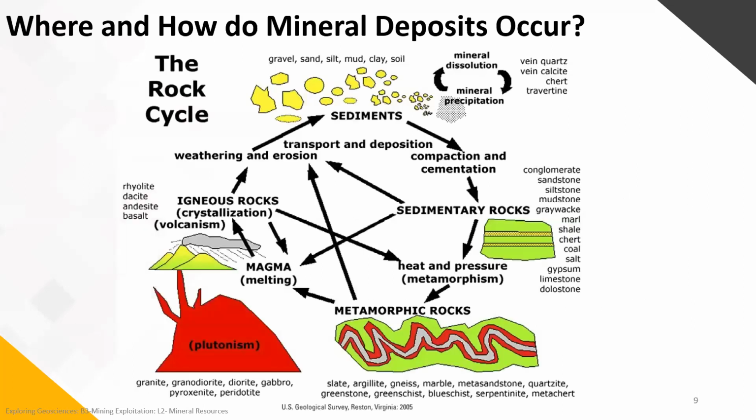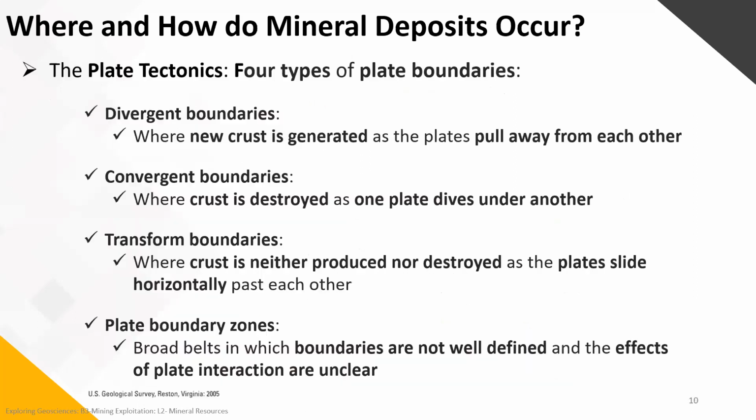So, just bringing back the famous rock cycle, where everything in geology is based on that cycle, and the plate tectonics. So we had seen there were four types of plate boundaries. We have the divergent, convergent, transform, and the plate boundary zones themselves. Divergent are the ones where we have new crust generated and where plates pull away from each other.